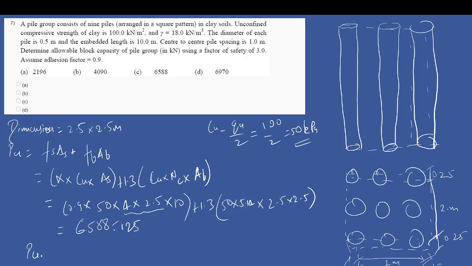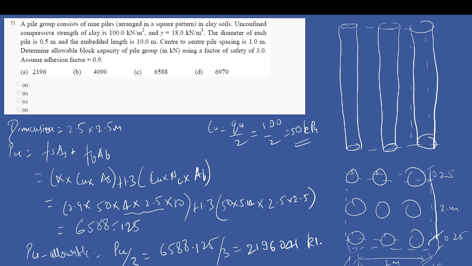So now the Pu safe, which will be allowable, will be your Pu by 3, which is 6588.125 by 3. Sir, it's 2196.041.